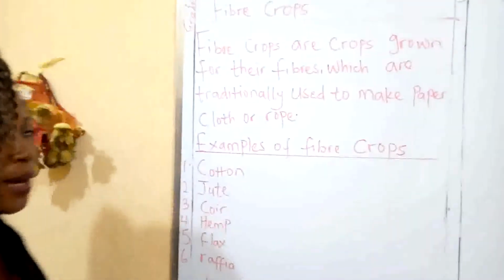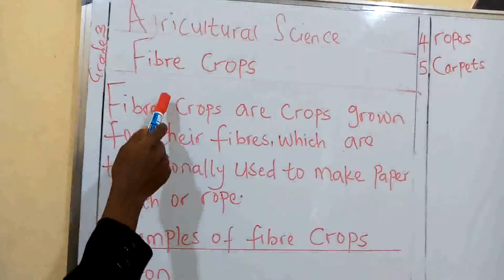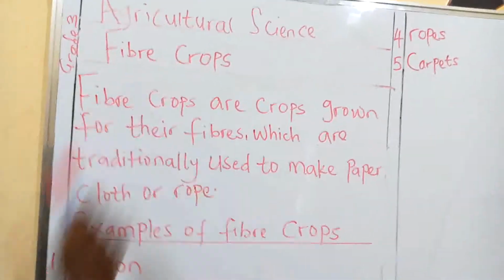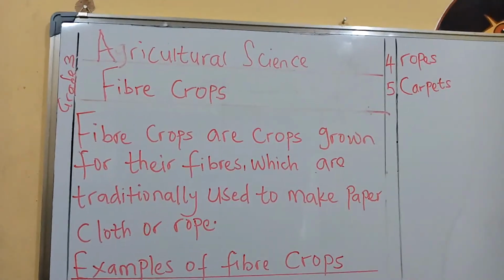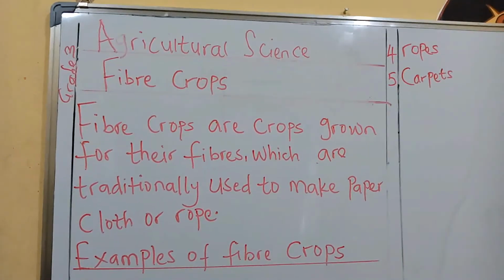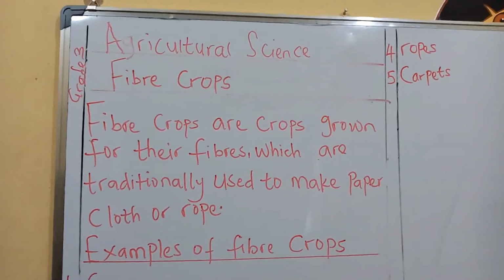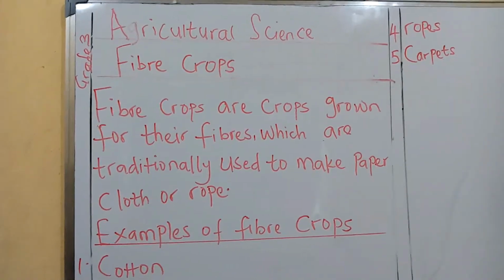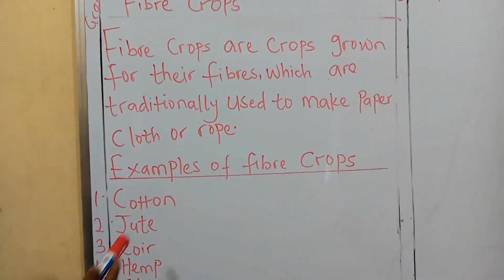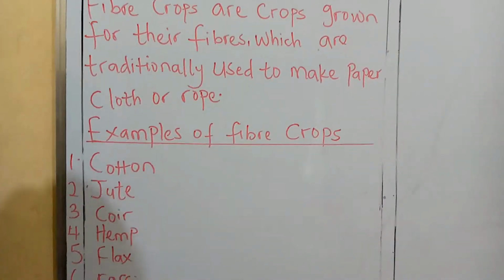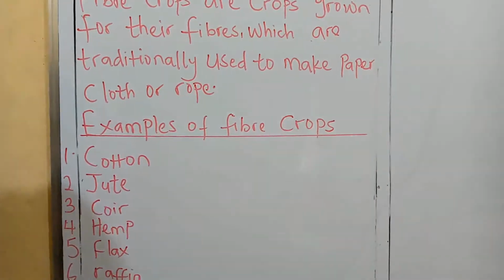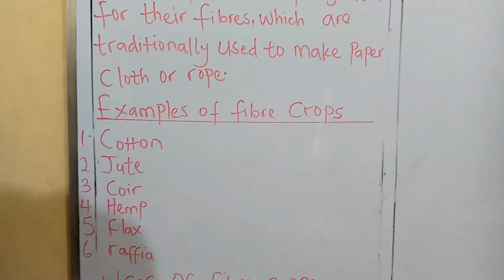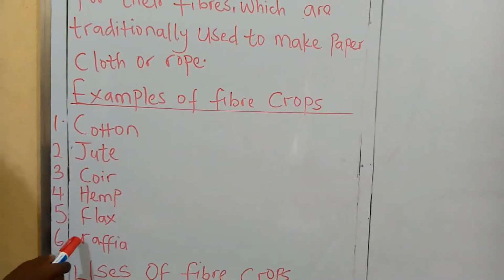Let's go back to the lesson again. Fiber crops are crops grown for their fibers, which are traditionally used to make paper, cloth, or ropes. We went further to mention some examples of fiber crops: cotton, jute, coir, hemp, flax, raffia.